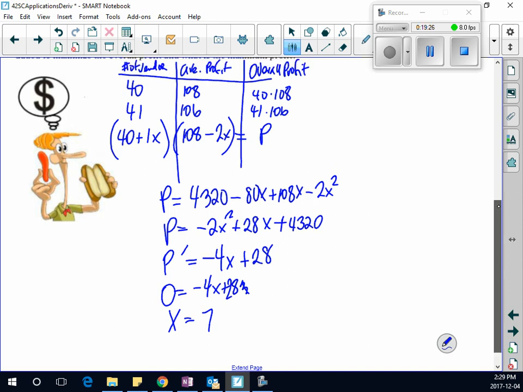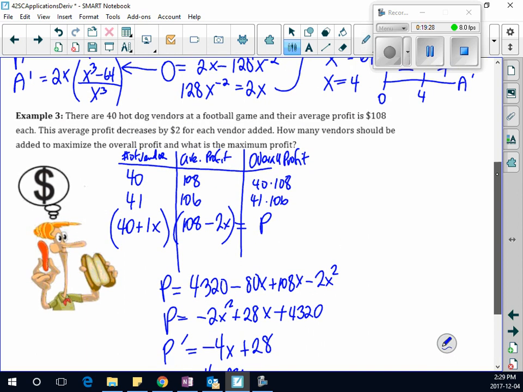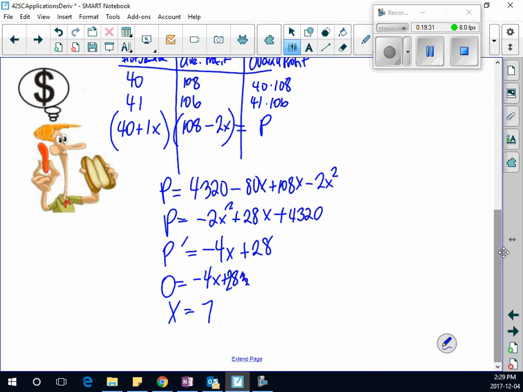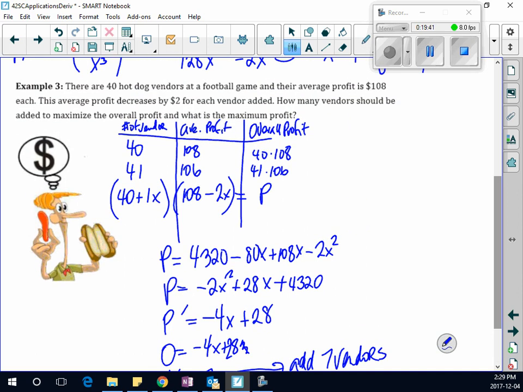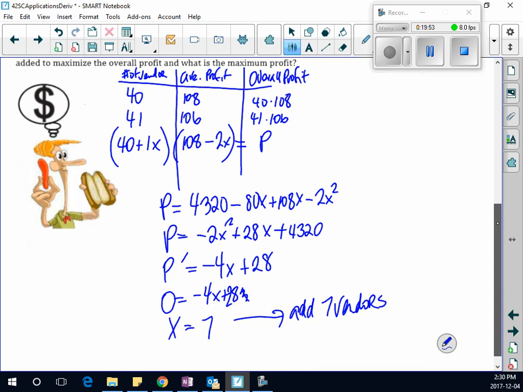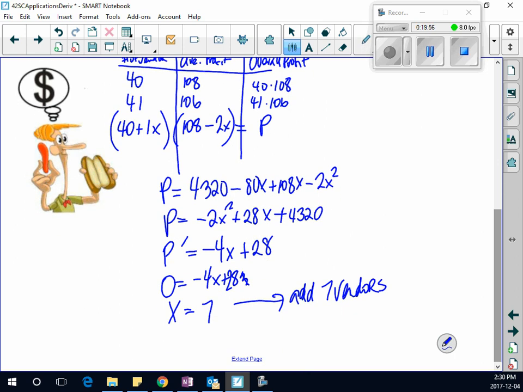So how many vendors should be added? We should add 7 vendors. Look, 47 vendors in total. It's saying how many vendors should be added, so I should be adding 7 vendors. And what's the maximum profit?